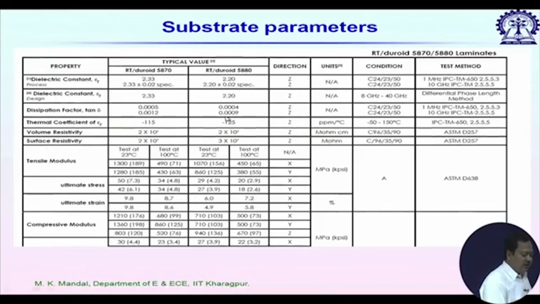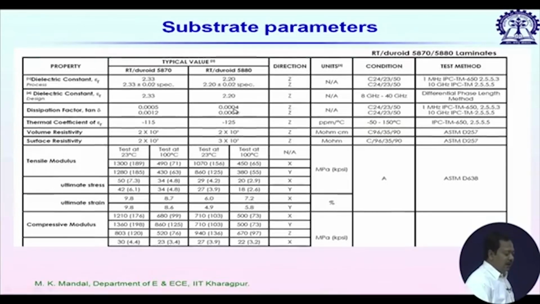For 5880, these values are 0.0004 and 0.0009. So, you see as the frequency increases, the measured loss tangent values are increasing. Theoretically loss tangent should decrease, but practically, if I look at the measured values, loss tangent is increasing with frequency.